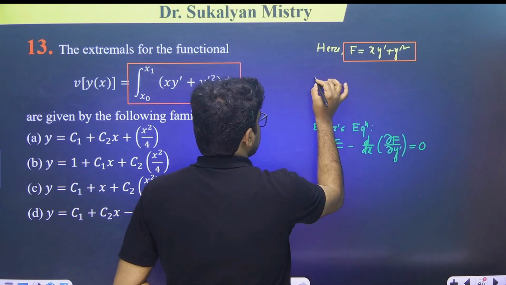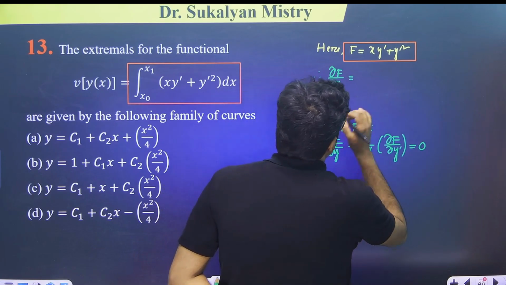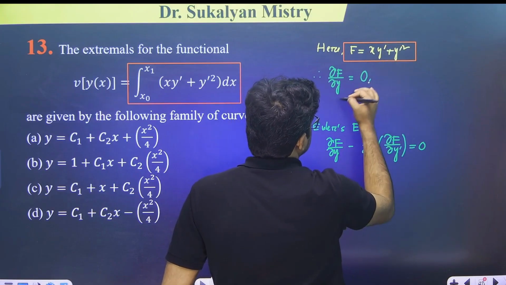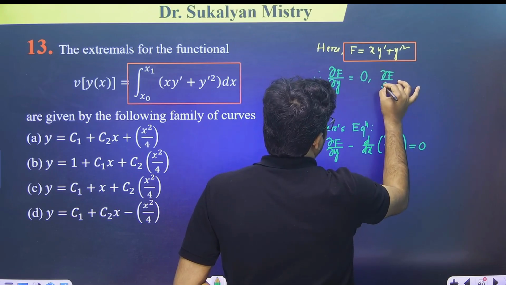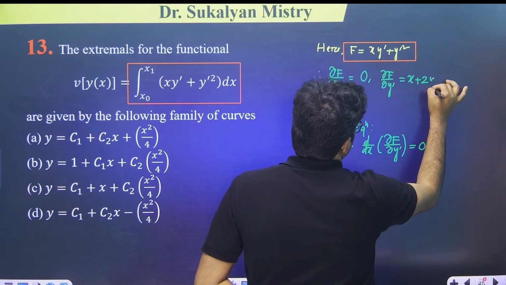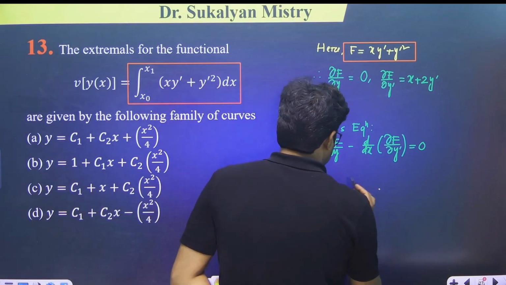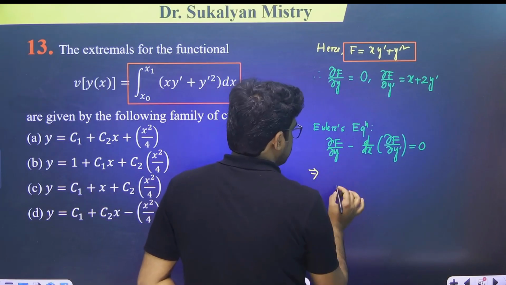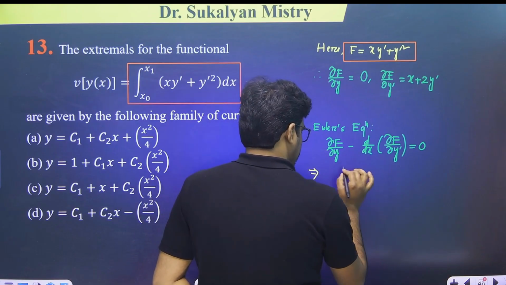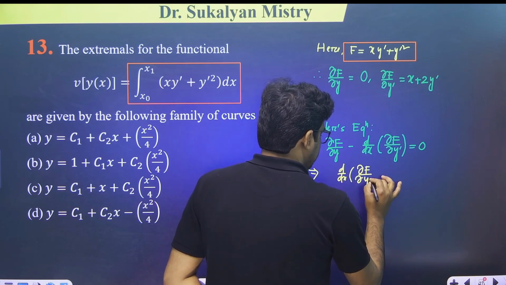So del f del y: here in f, y is absent, so del f del y is equal to 0. Del f del y dashed will be x plus 2y dashed. So this implies that del f del y is 0. That means we get d dx of del f del y dash is equal to 0.